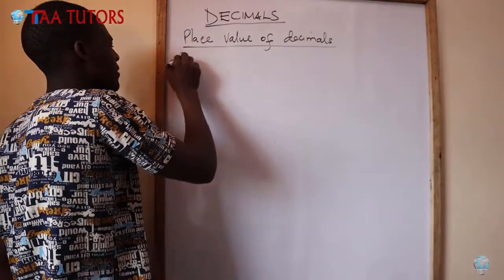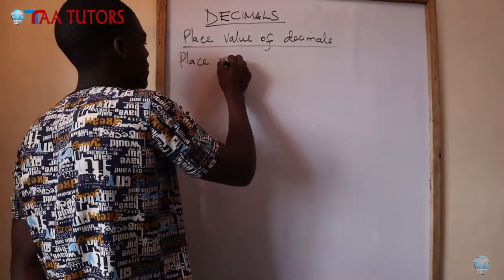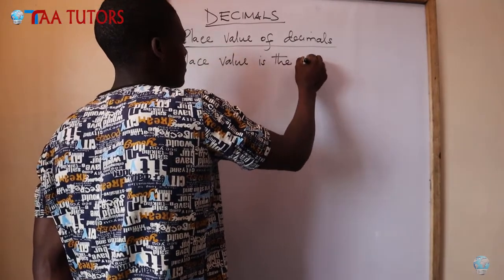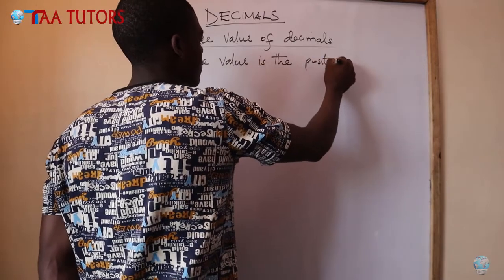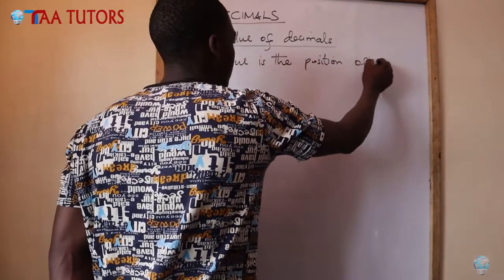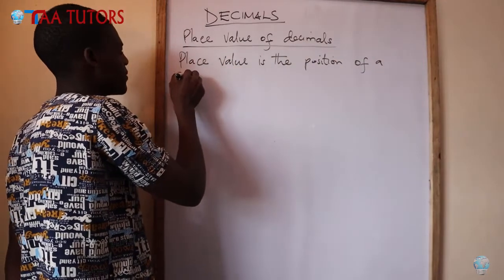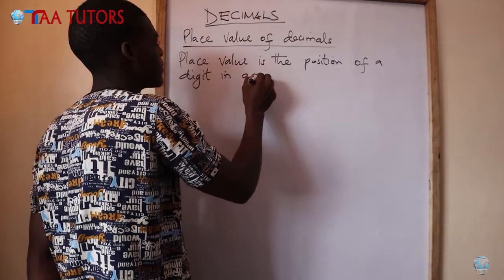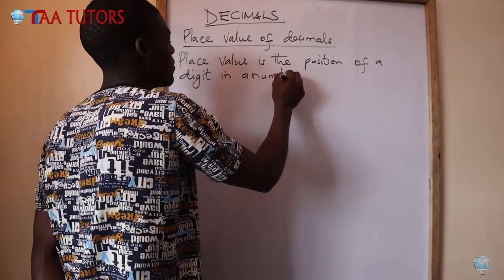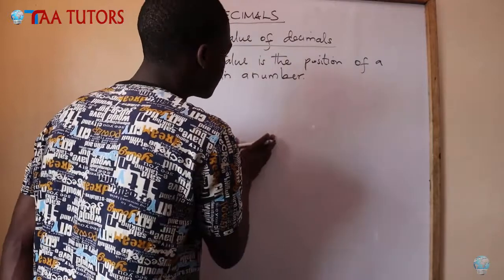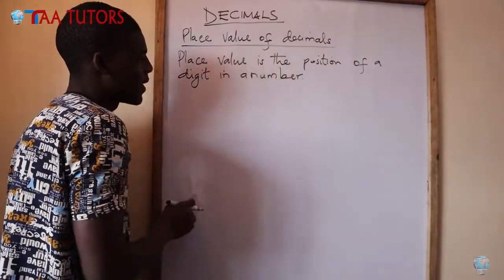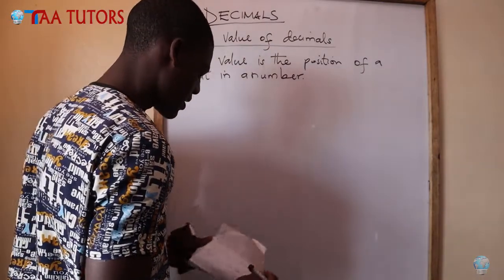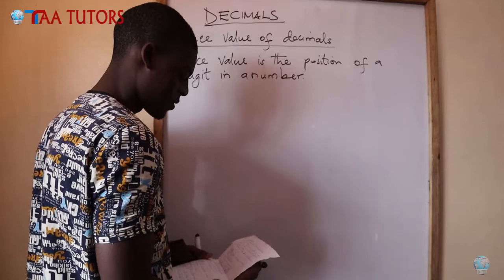We said a place value is the position of a digit in a number, where the digit is located. That is now its place value.